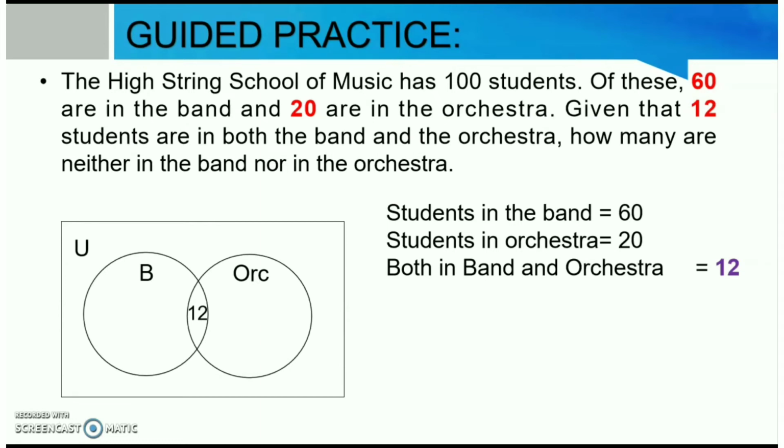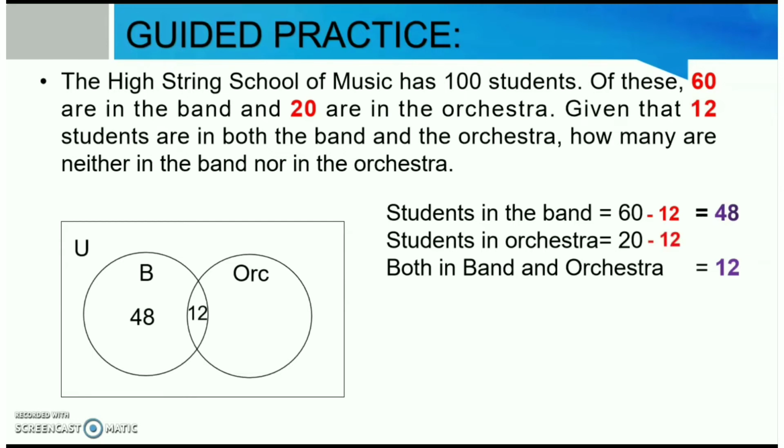Now, para malaman natin yung estudyante na nagbabanda lang, isusubtract natin ngayon yung 12 dun sa 60. So, 60 minus 12 is equal to 48. So, ngayon, alam na natin kung ilan yung estudyante na nagbabanda lang, which is equal to 48. Ngayon naman, para malaman natin yung estudyante na tumutugtog sa orchestra, isusubtract natin yung 12 dun sa 20.